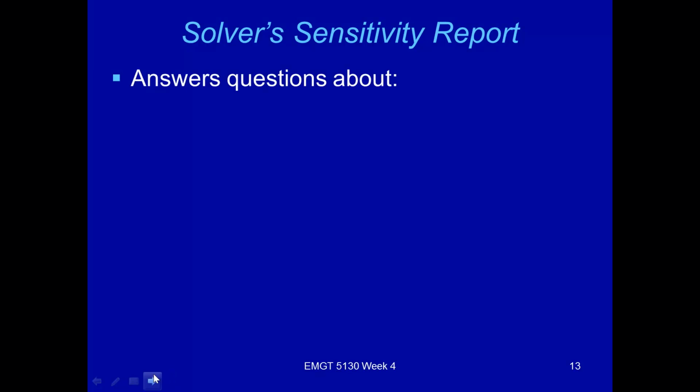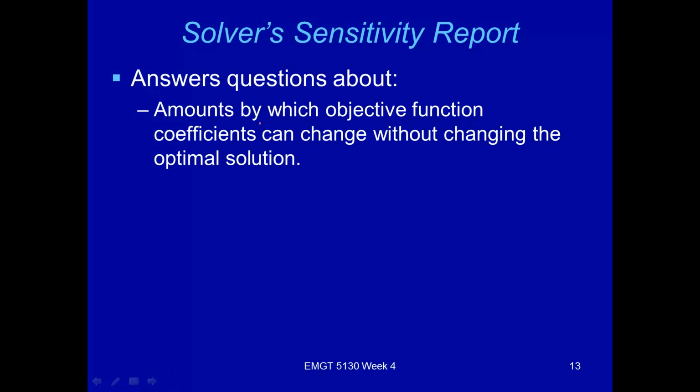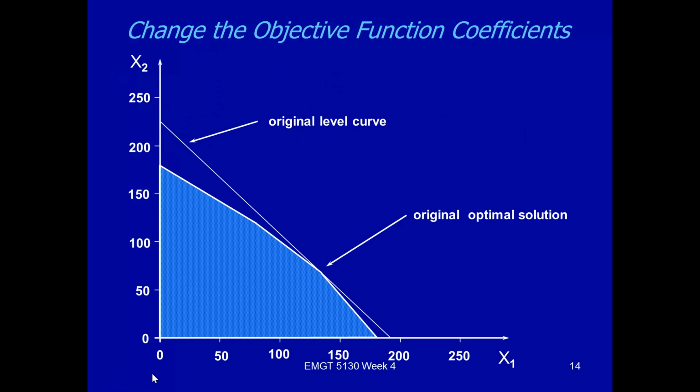Okay, so we'll talk about the first one, objective function coefficients. If we look at the graphical solution, we said that the objective function coefficient is related to the slope of this level curve.